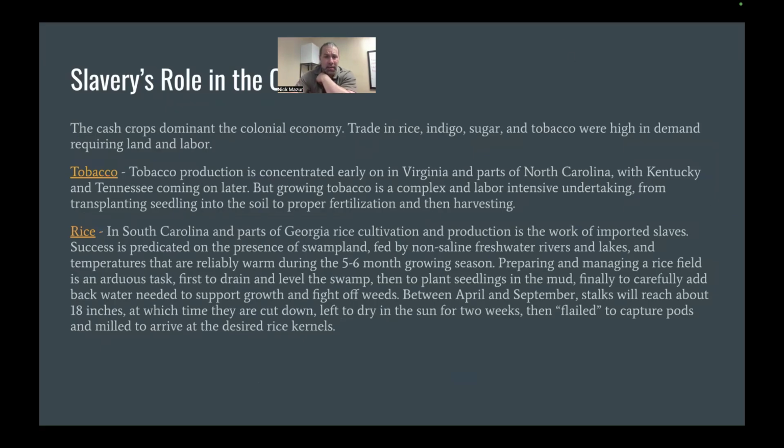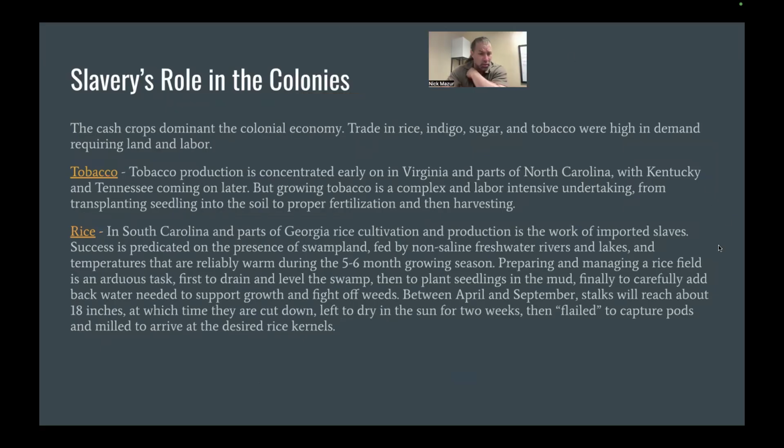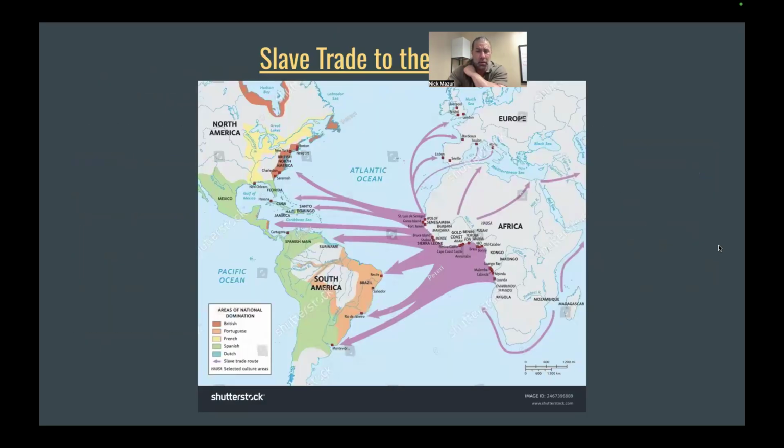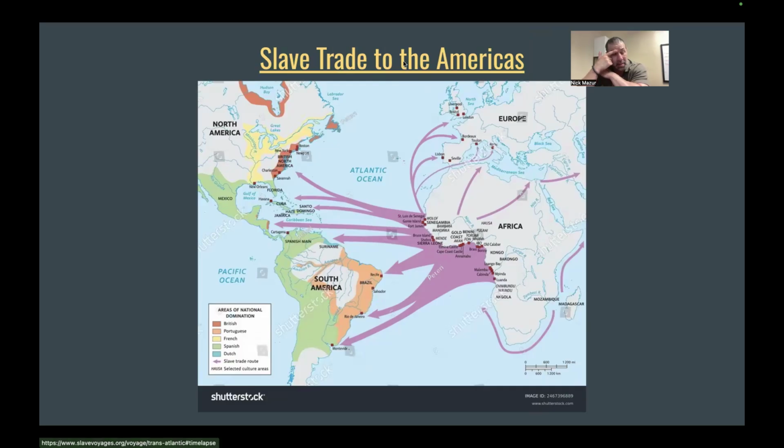Now, as I've mentioned, the role in the colonies in the early period is obviously for tobacco, rice, and indigo. And the amount of slaves that are going to be passing from these areas and where they're going into the areas of North America and South America. The majority of slaves, just so that you know, and you can click on this link and it'll take you to the map again, there's basically three stops from Africa: Brazil, Mexico, Caribbean, then North America, right? We're the third stop, right? The majority of slaves are going to be ending up in areas of Mexico and Brazil, and the Caribbean.